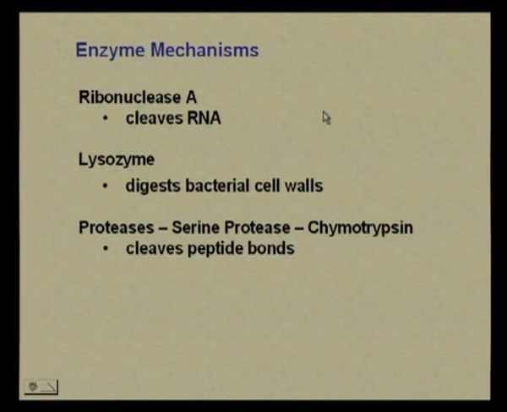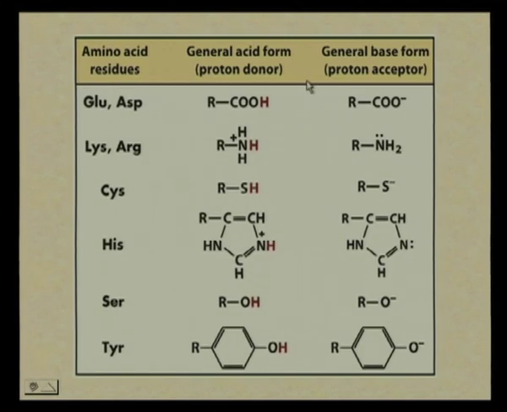Now, the amino acid residues involved in all these mechanistic procedures: this is a slide that I showed you before, but it is extremely important to emphasize how each of these amino acid residues can assist in the catalytic mechanism of these enzymes.